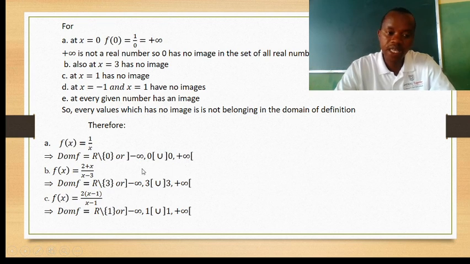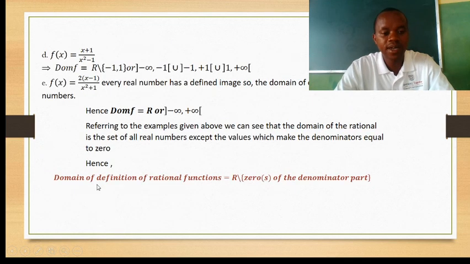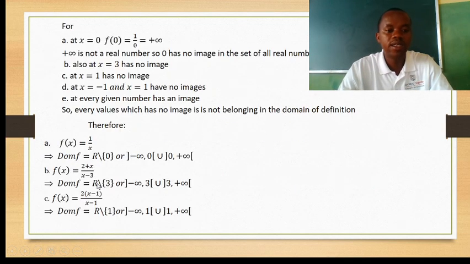For B, we found that the number 3, if assigned to x, does not have the image. It means that the domain of definition will be all real numbers except the element 3, and in interval form it can be written like this.